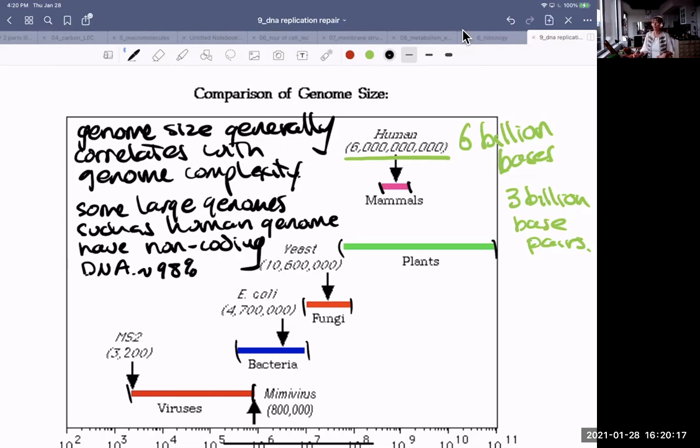And that probably means that the DNA that doesn't code for anything is vestigial DNA from our ancestors. It's just not turned on by any signaling mechanisms.